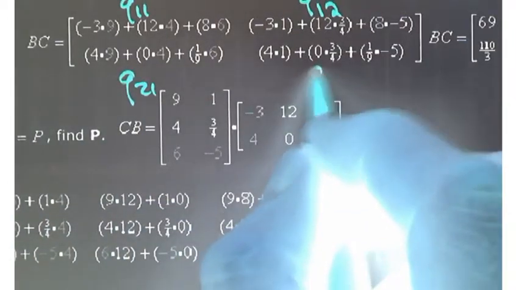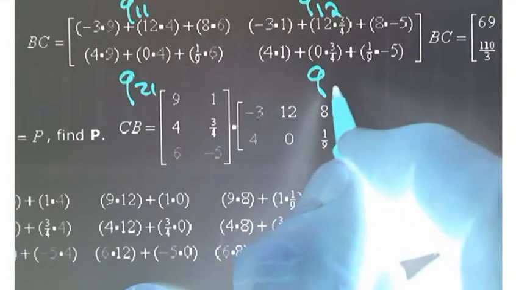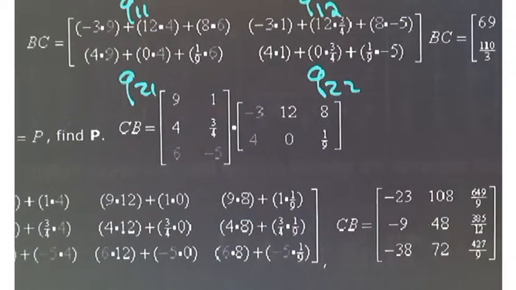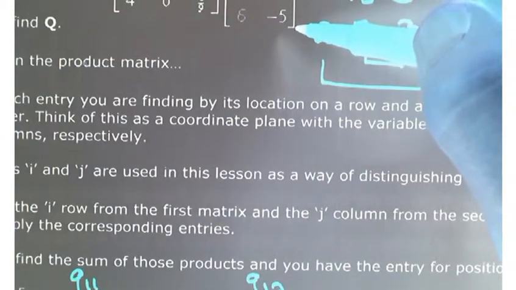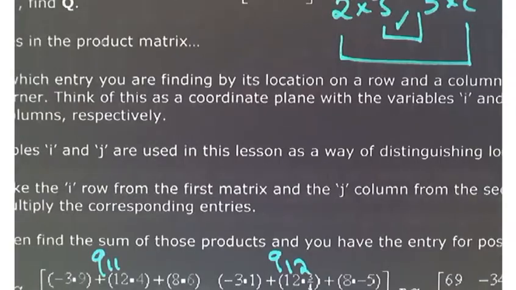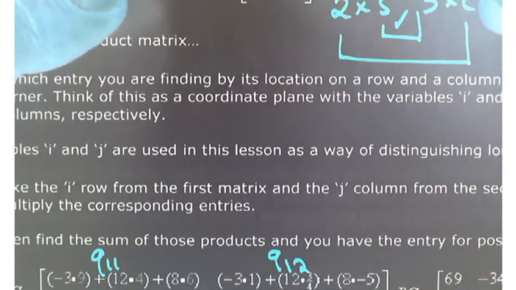And the last one, how would I subscript this? What's this one called? Q22. Second row and second column. So second row from B times second column from C. You know, I did screw up. Yeah, this one should have been Q21.